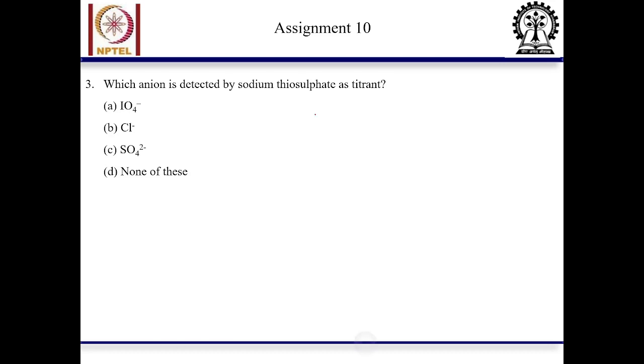We know that if you have this IO4 minus in acidic solution, it will give you half I2 plus 4 water. So basically, this iodine can be titrated with your sodium thiosulfate.